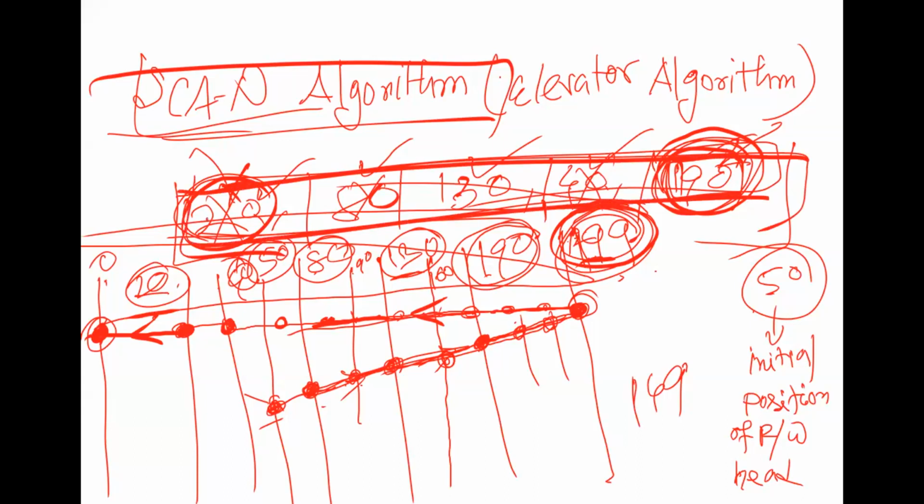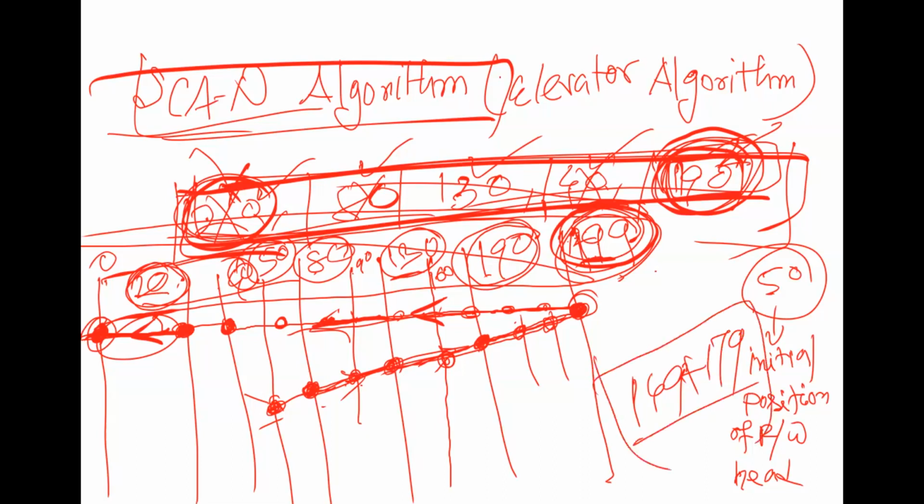Here is some extra movement if you consider this. If it is 20, till 20 is fine, so you complete this request. So here it is 199 minus 20, which is 179. This is the total track movement required for this request.